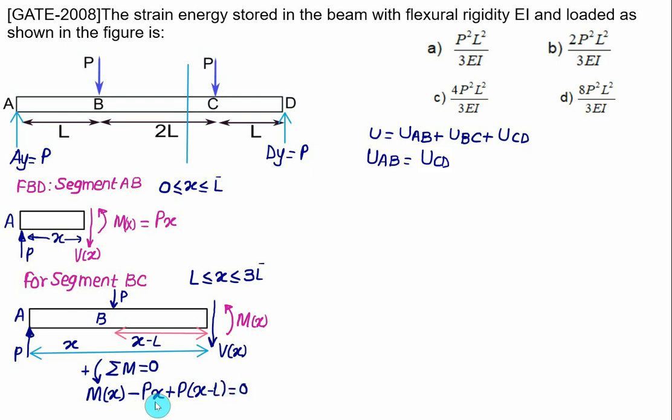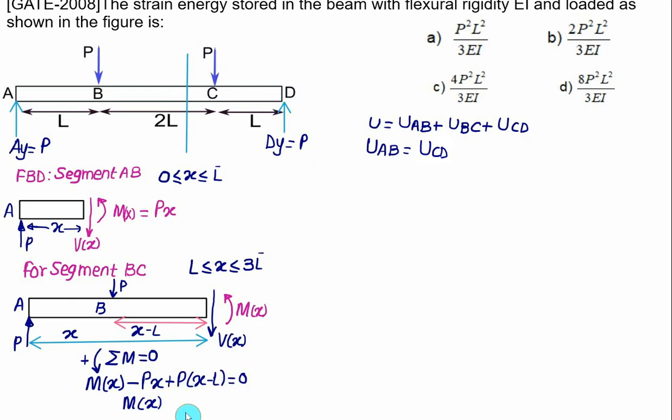So minus PX and plus PX cancel, minus PL we shift to the right side, so the moment M of X will be equal to P multiplied by L.